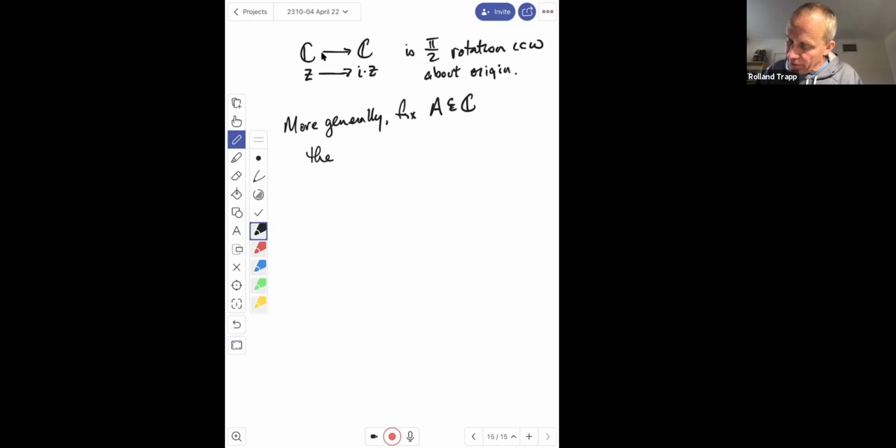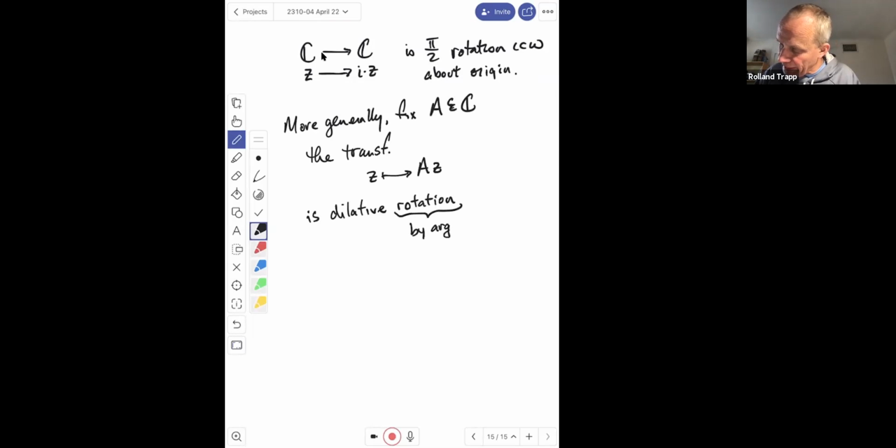Then the transformation z goes to a times z is a dilative rotation. The rotation is by the argument of a, and the dilation is by the modulus of a.